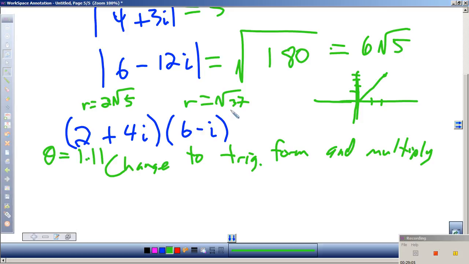Then 6, negative 1, where is it at? Which quadrant? Okay, 6 right, down 1, so fourth quadrant. So inverse tangent of negative 1 over 6.